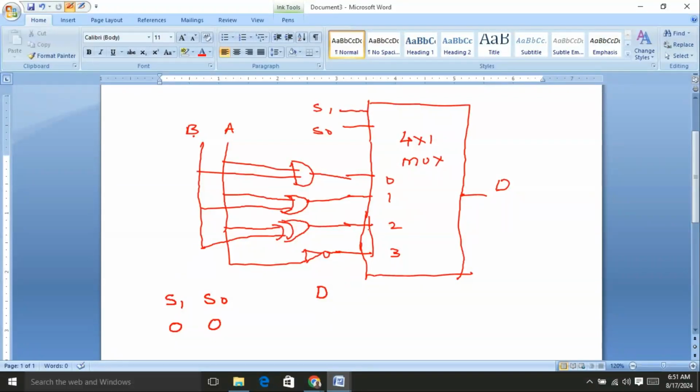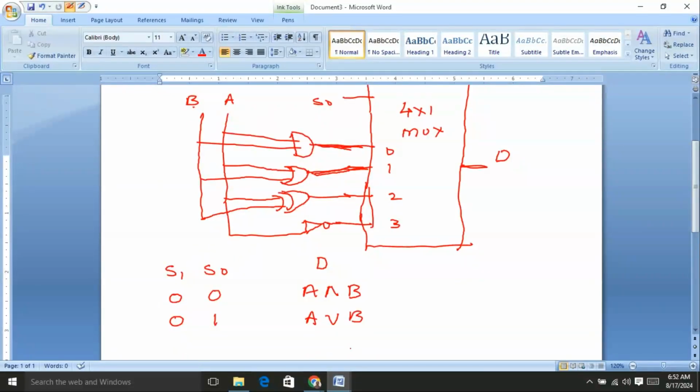We know the first input of the multiplexer, which is the output of the AND gate, is transferred to the output D. That is, A and B is performed. Suppose the S1 value is 0 and S0 value is 1, then the second input of the multiplexer, where the OR gate is connected, is turned as the output of the multiplexer, A or B.